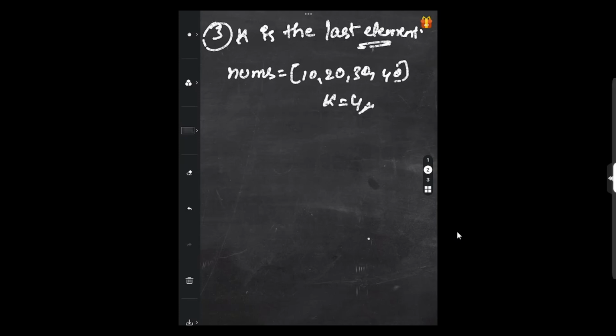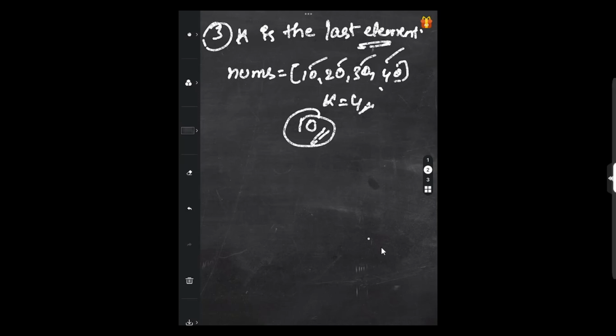So the output will be 10 in this case. When k equals 4, the fourth largest element will be 10. I hope this is clear.